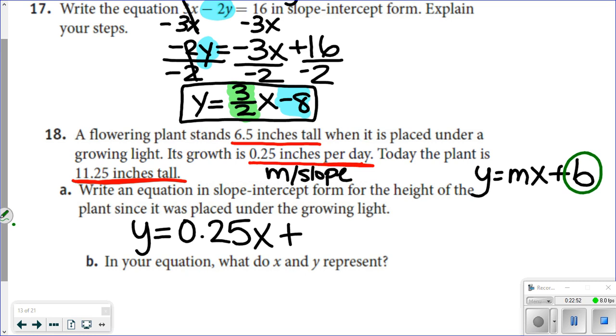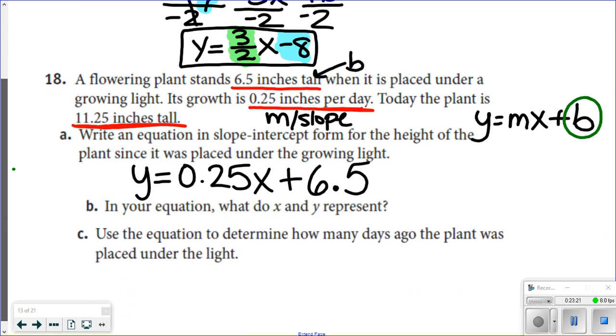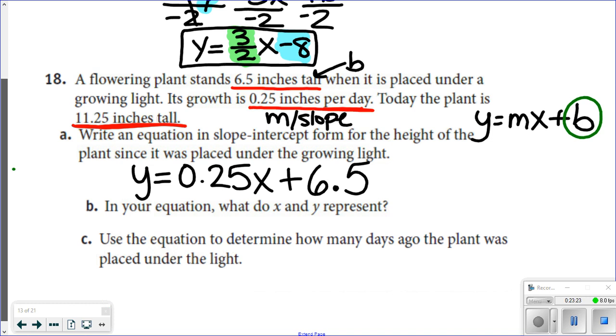What is the starting height of the plant when it's placed under the light? 6.5 inches tall. So this is our b value, or our y-intercept. So 6.5 would be our b value. And we're running out of time, but we would use this 11.25 inches if we had enough time to answer this question C down here. Okay?